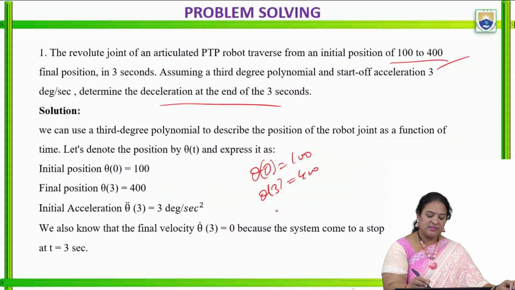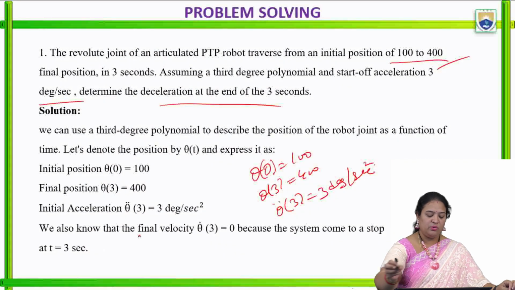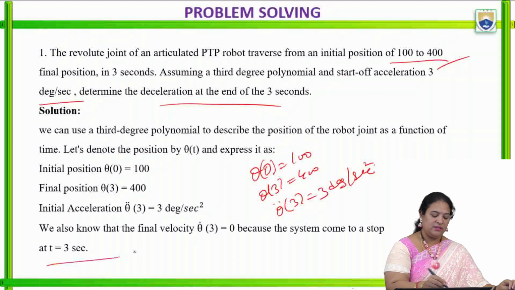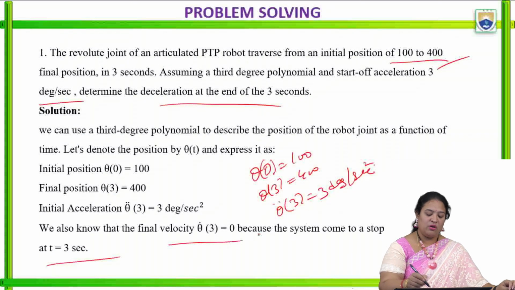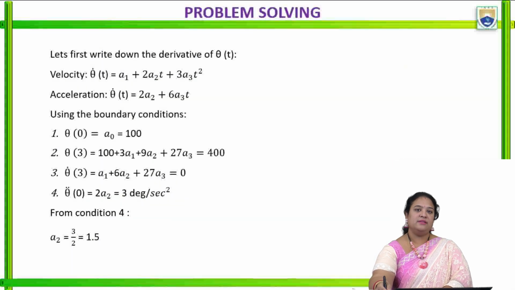The initial acceleration is theta double dot of 0 equal to 3 degrees per second squared. The final velocity, theta dot of 3, is equal to 0, because the system comes to a stop at 3 seconds.